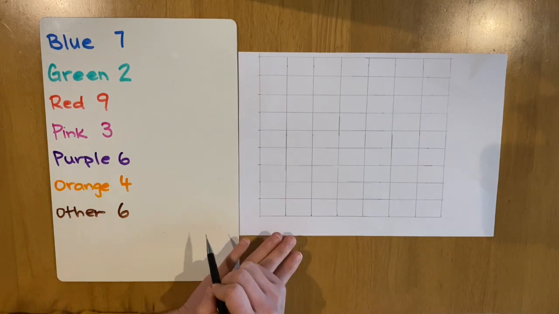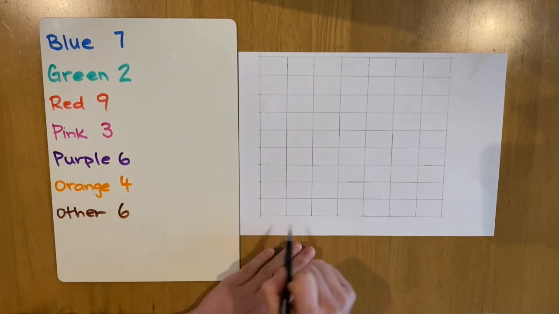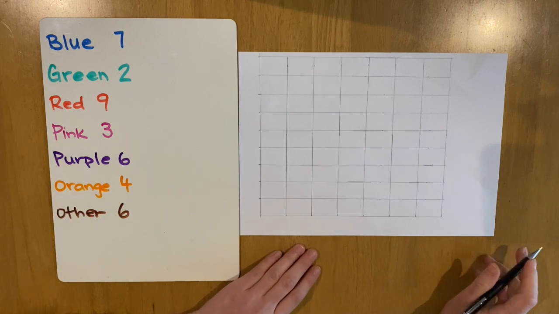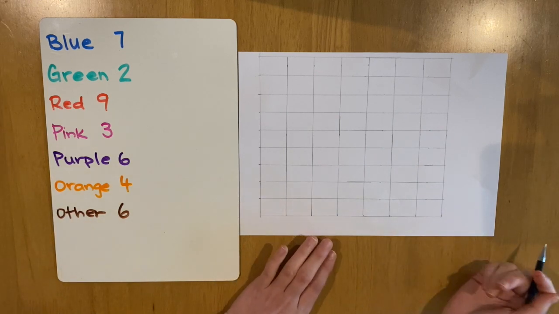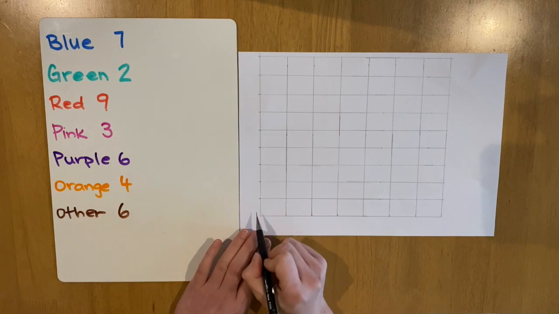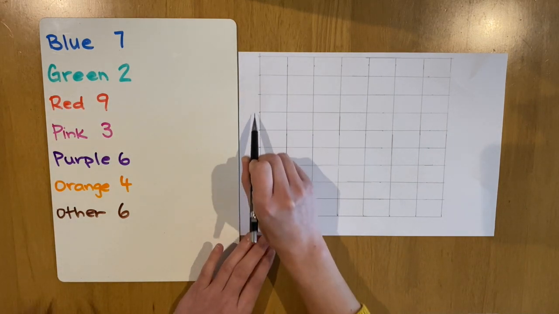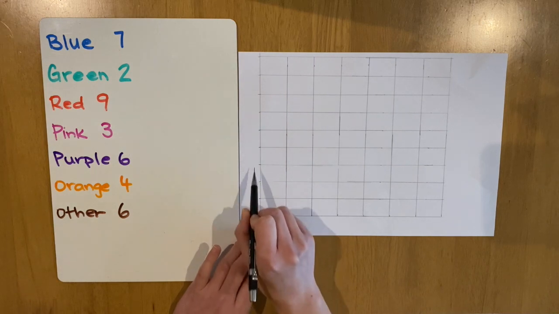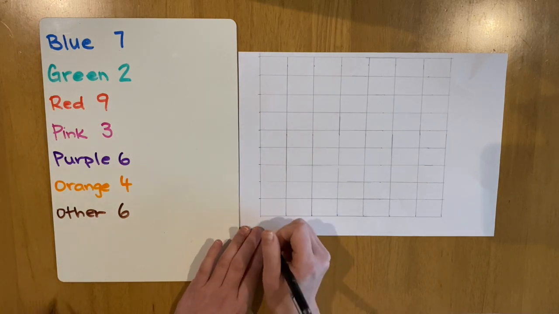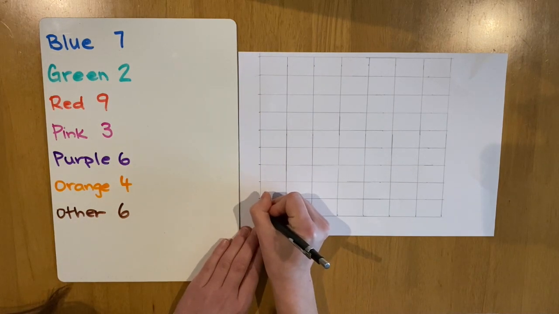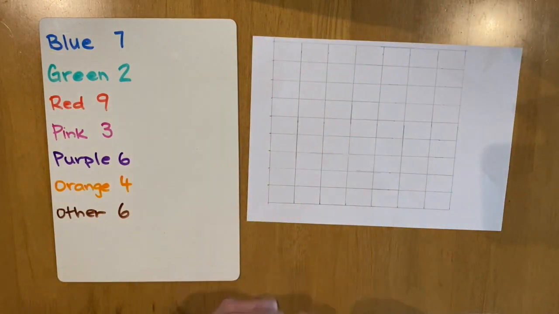So we have to put some labels on the different parts of our block diagram so that whoever looks at it will know what they're looking at. Along the vertical bit, this is called the y-axis. Along this bit, we're going to put the numbers. I'll do it in pen so you can see it.